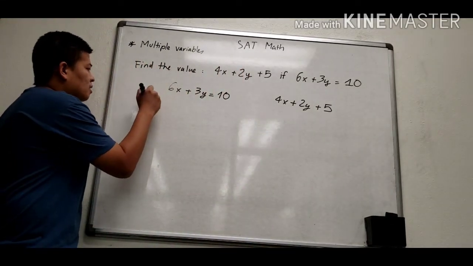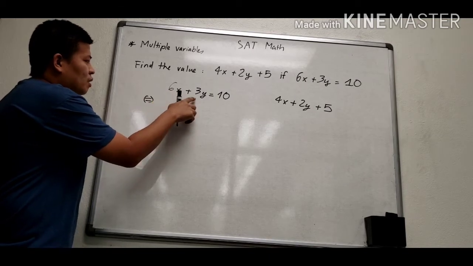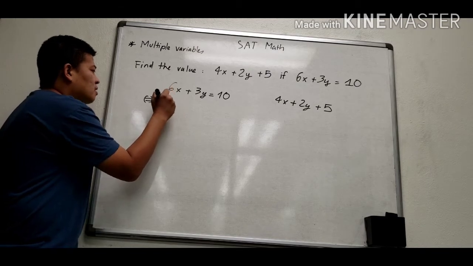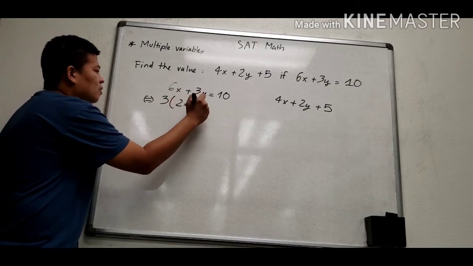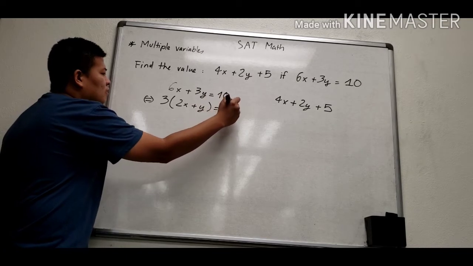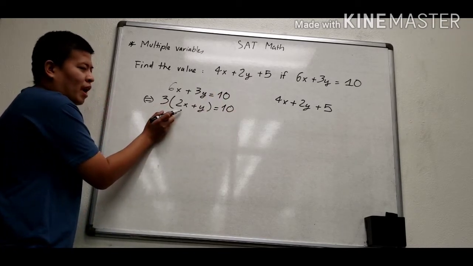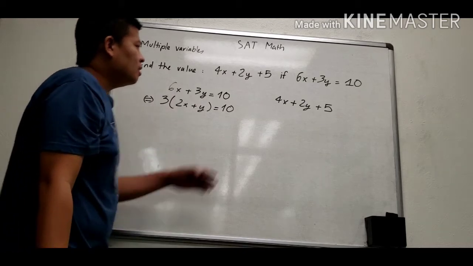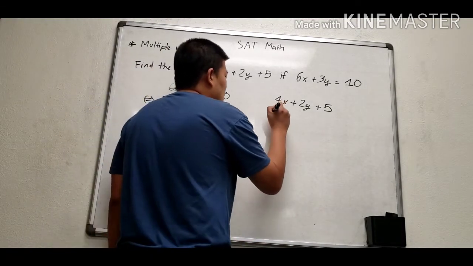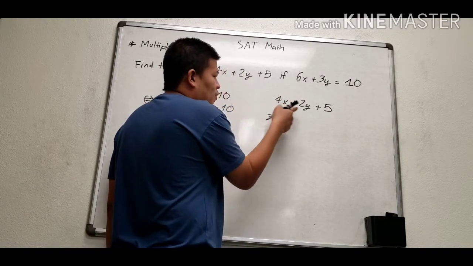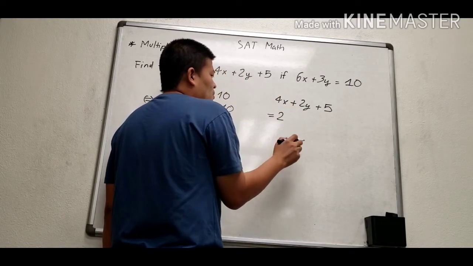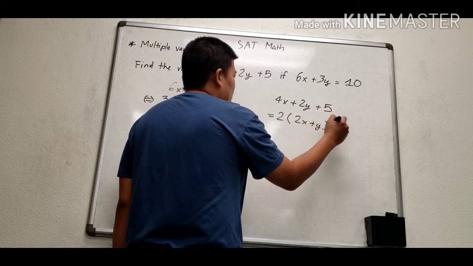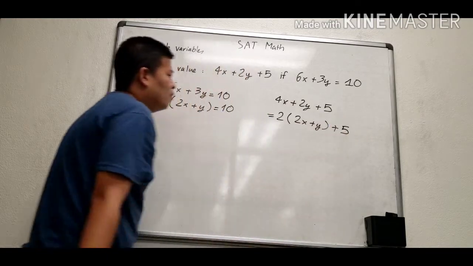We can see that number 3 and number 6, we can factor like this, because 3 multiplied with 2s is 6s, 3 multiplied with y is 3y. Similarly, with number 4 and number 2, the common factor is number 2. We have 2(2s plus y) plus 5.